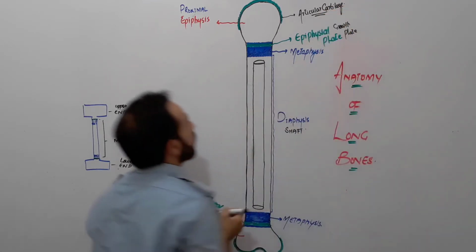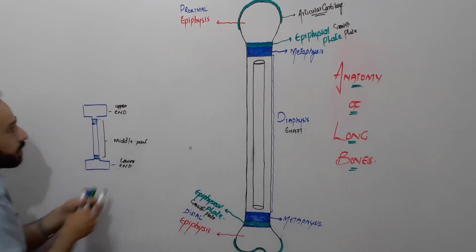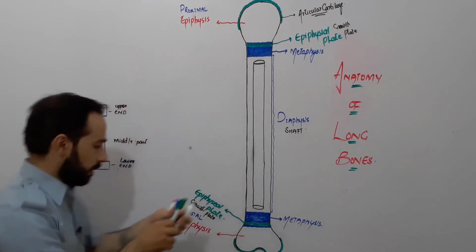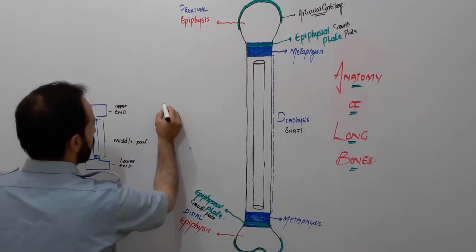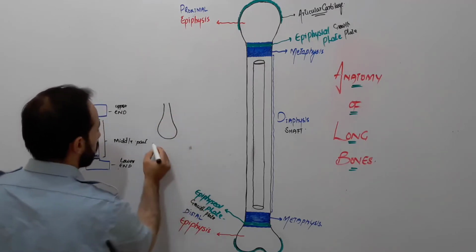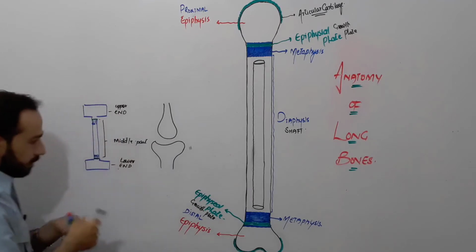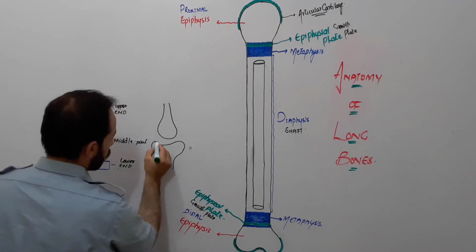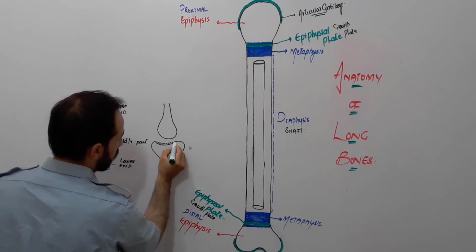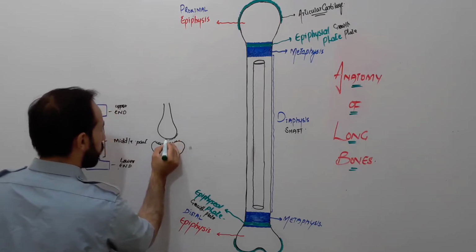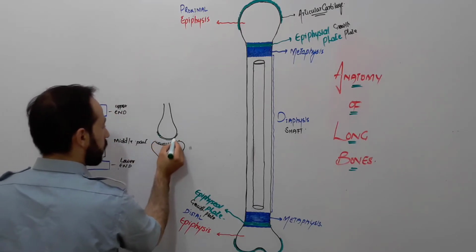It helps in moving the bone in the joint, right? For example, if this is a bone and here is another bone, both of them long bones, here will be the articular cartilage, and here will also be the articular cartilage.